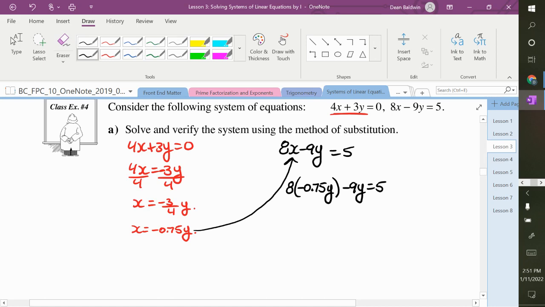What do I do now? Multiply the 8 in. What's 8 times negative 0.75? Anybody? It's negative 6. So I get negative 6y minus 9y is equal to 5. What's negative 6 minus 9?